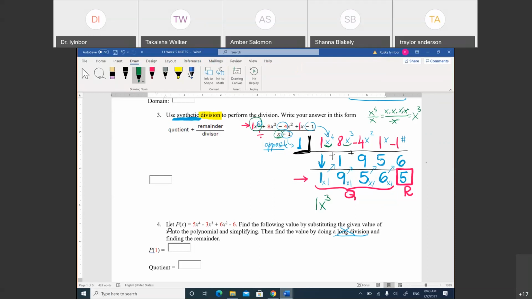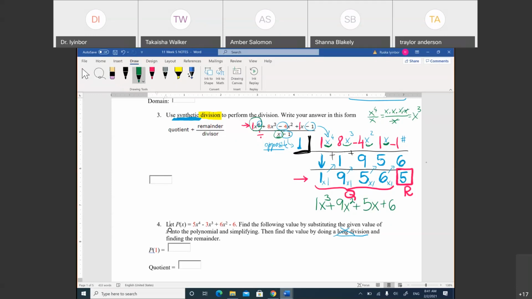It's always going to be one exponent less. So I get 1x cubed, and then the 9 is going to be in front of x squared. Then the 5 is going to be in front of x, because x squared divided by x is just 1x left. And then the 6: there is no x left, because x over x is 1, they cancel out. So this is what is left, and you're just going to connect it with pluses.